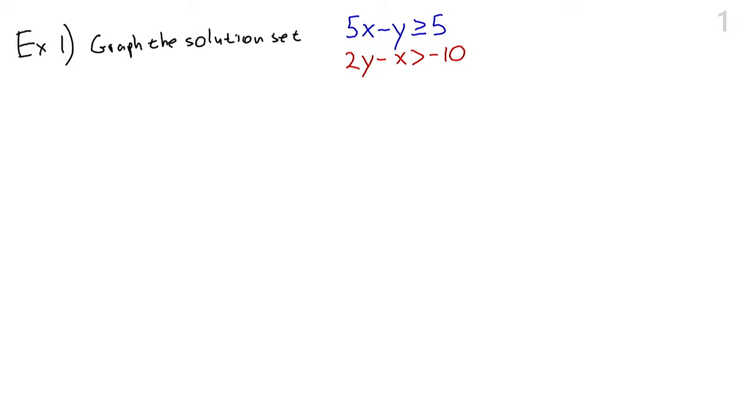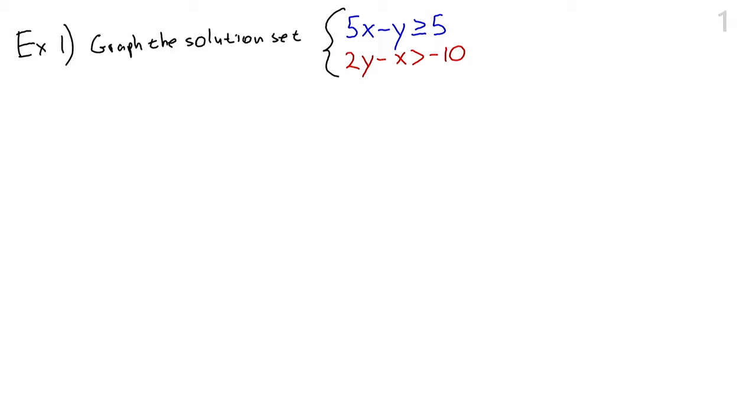In order for a coordinate point to be a solution of a system of linear inequalities, that point x1, y1 must satisfy both, just like in systems of linear equations. So what are we going to do first?